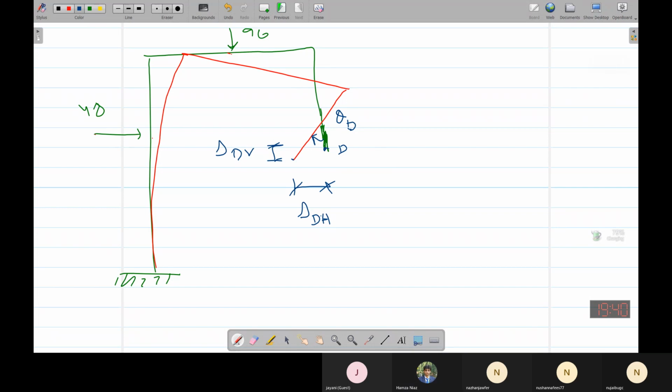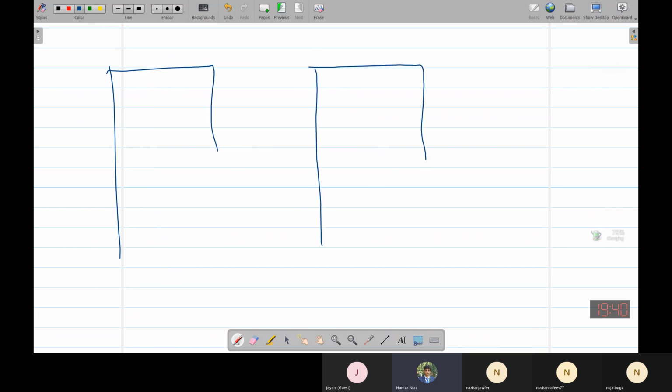We have just written the names of the deflections at point D. In a similar manner, we can write for the others. This one was our original structure 1, this one is second, and this one is third, because the degree of indeterminacy is 3.